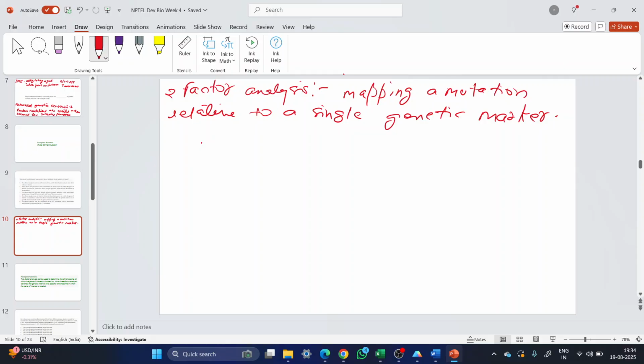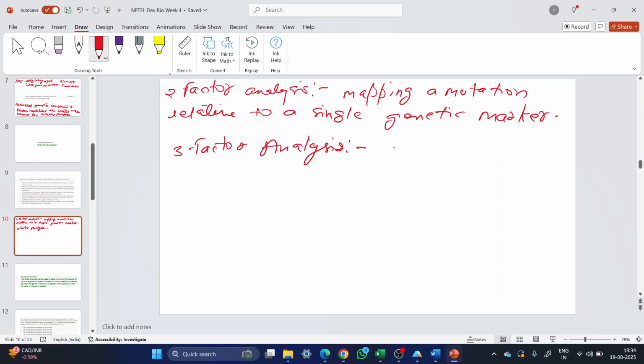And then when we come to three-factor analysis, what happens is that the unknown mutation is mapped relative to two known closely linked markers.